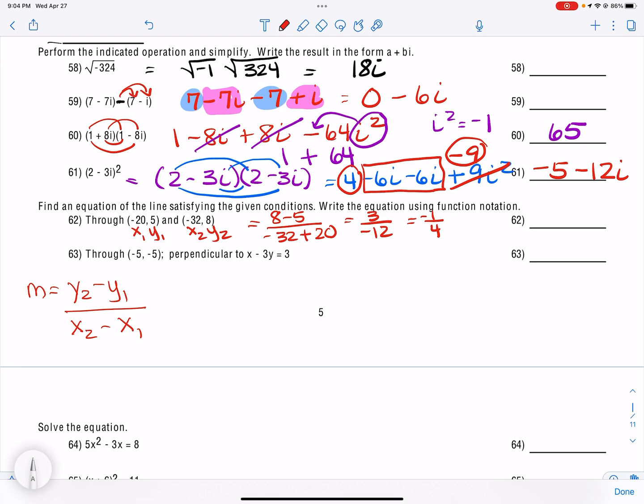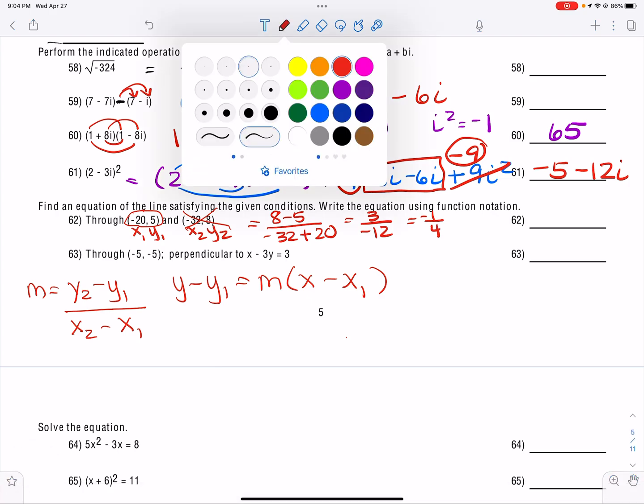So once I do that, now I'm going to simply use one of the points, and I would probably choose the point that has the smaller numbers. I would choose that point. This one I don't need anymore. So I'm going to use this formula, y minus y sub 1 equals m times x minus x sub 1.